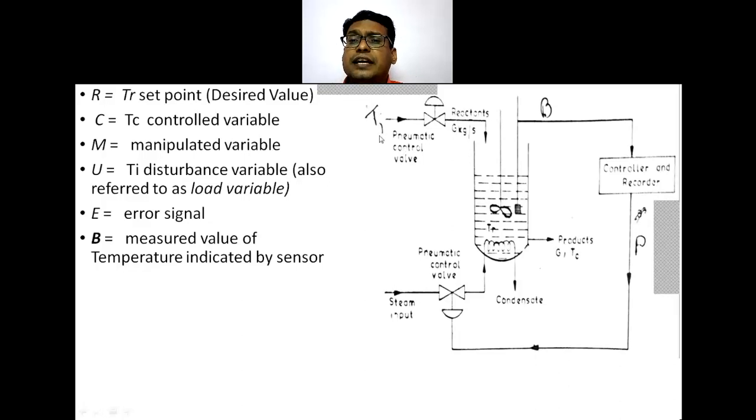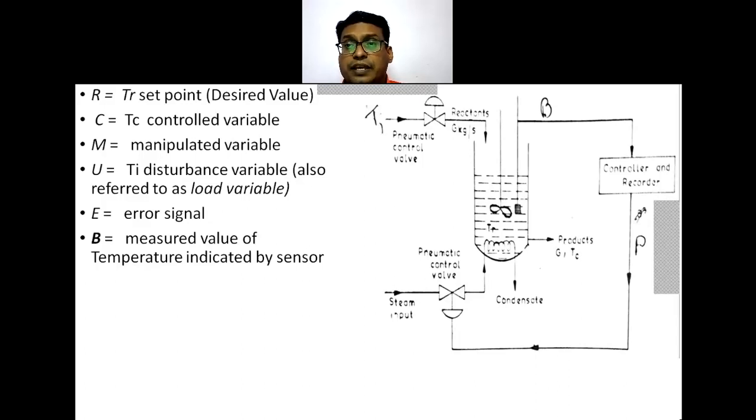Then there is a second factor, which is the inlet temperature, that can vary. The flow rate can also vary. There are certain systems where both the inlet temperature and the inlet flow rate can vary, or systems where only the inlet temperature can vary, or only the inlet flow rate can vary.